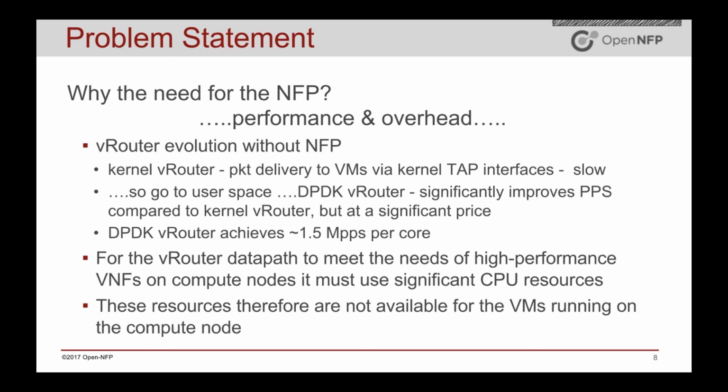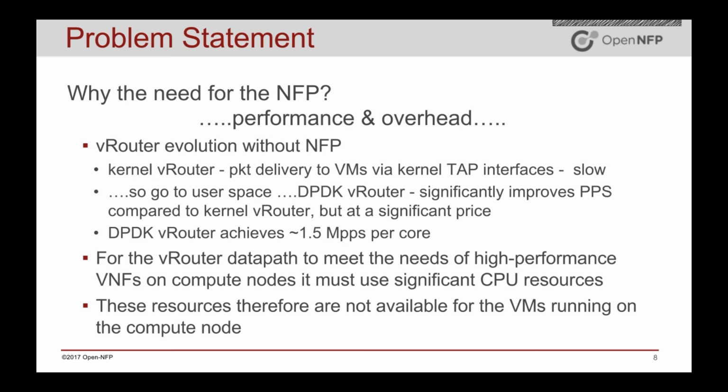But if you have a VNF that requires a high packet per second rate, you could do the math and say, well, I need it to support 15. I need to support 20 million packets per second. I need 25 million packets per second. And you can start to see where you have to dedicate a significant portion of your compute node to solving that problem and it being able to deliver packets.